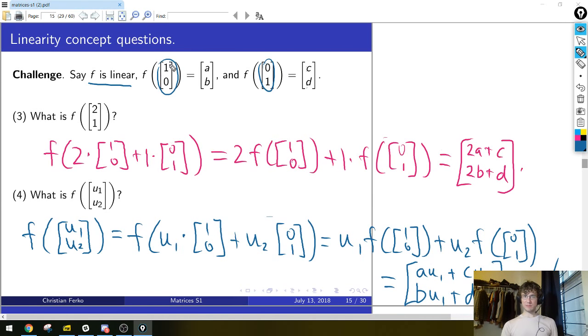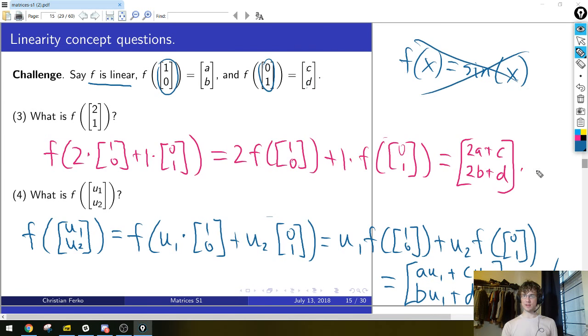So at the beginning, this seemed like this function could be very complicated, like a nonlinear function like f of x equals sine x. It would be completely hopeless for you to expect to know all of the outputs of this function if I just give you four numbers, right? I give you a, b, c, and d, 4 data points along the curve. You would not be able to figure out all of the other outputs from 4 data points.